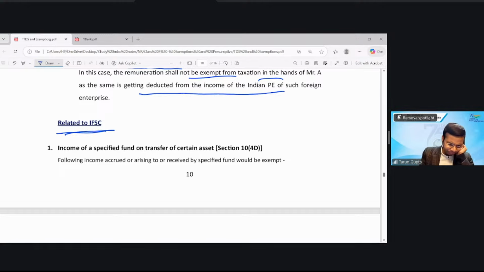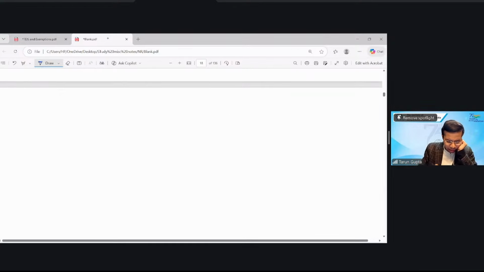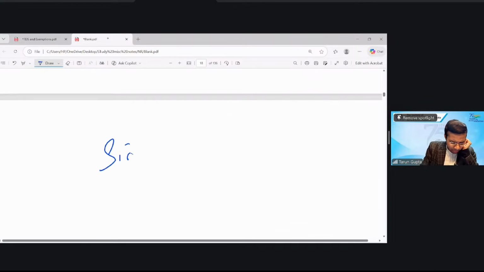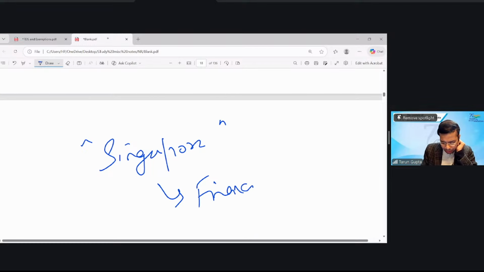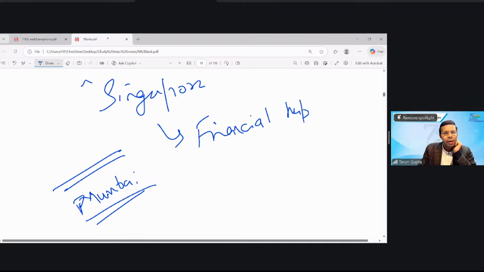So what happened is, if you know, some years back, Singapore used to be considered as the financial hub of Asia, meaning thereby, like in India, Mumbai is generally considered as the financial hub of India.